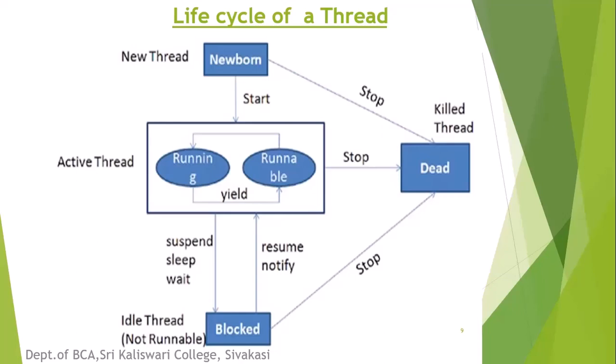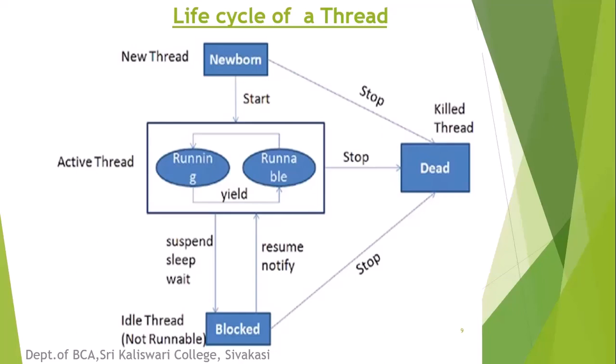Next, suppose we are executing a thread that is waiting for a particular event. It wants to perform some operation and needs something for that. In this case, it waits for an IO event, an input output event. Input output means I want to read data stored at an address, or I need a printer to perform something.